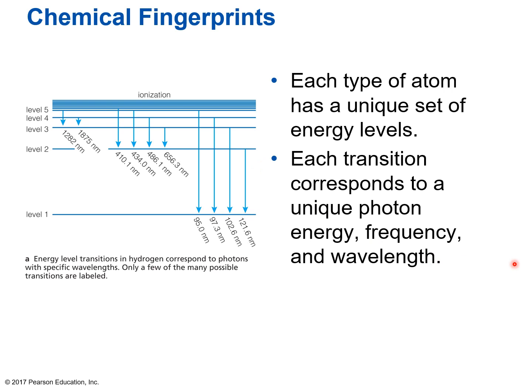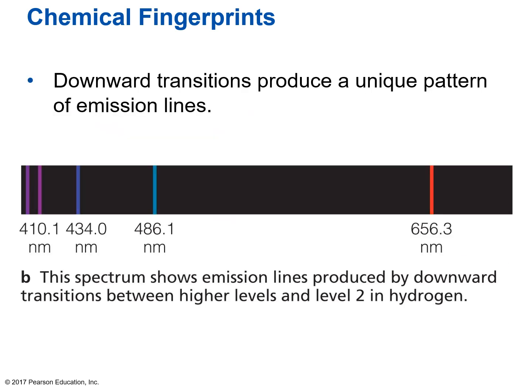Now this is hydrogen right here. The downward transitions produce a unique pattern of emission lines. This spectrum shows emission lines produced by downward transitions between higher levels and level 2 in hydrogen. And these are the ones for hydrogen that we can actually see. So here we have 656.3, which is red, 486.1 nanometers, blue, 434, and 410 nanometers.